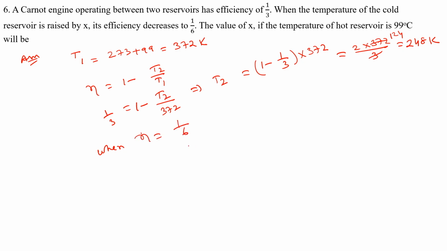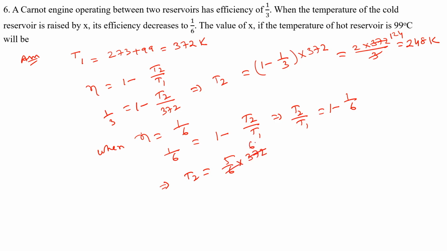Now, when eta is 1/6, we write 1/6 is 1 minus T2 by T1. So, it gives you T2 by T1 is 1 minus 1/6, so T2 is 5/6 times 372.